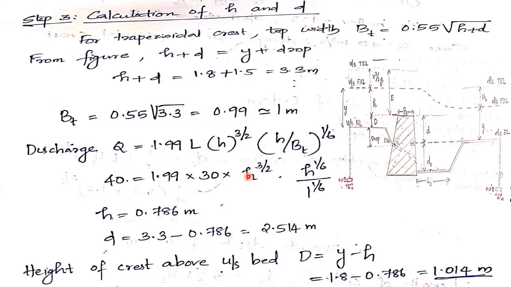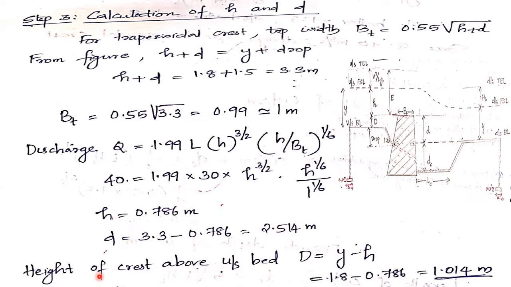Now h is the unknown: h raised to 3 by 2 into h raised to 1 by 6 by Bt is equal to 1 raised to 1 by 6. Solving this equation, you get h is equal to 0.786 meters, and from that value you can find out small d. Therefore, we have obtained small h and small d.